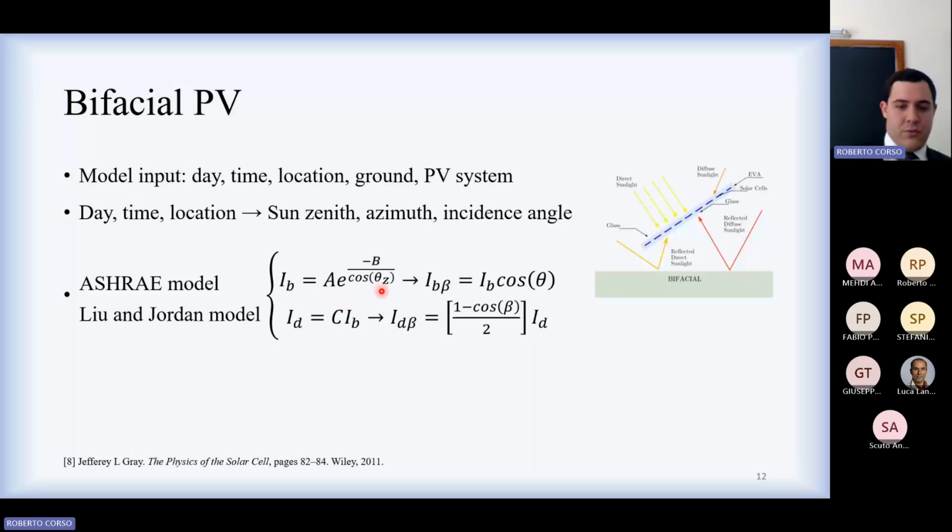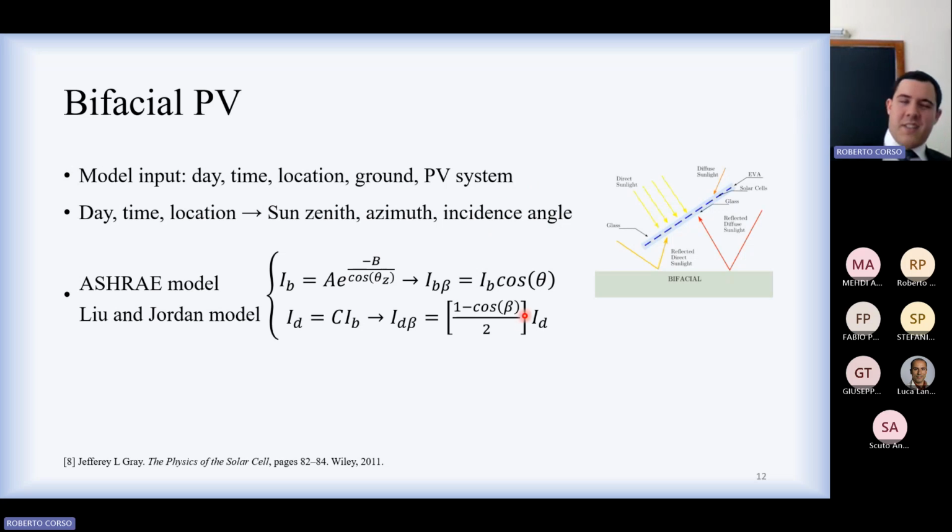Here, just to guide you in reading this model, theta z is the zenith angle of the sun. However, we also have a tilted system, and in this case, beta is the tilt angle of the system, so the beam component has to be adjusted for the inclination of the system, and the diffuse component is adjusted by a factor that corresponds to the area of the spherical fraction from theta 0 degrees to beta degrees.